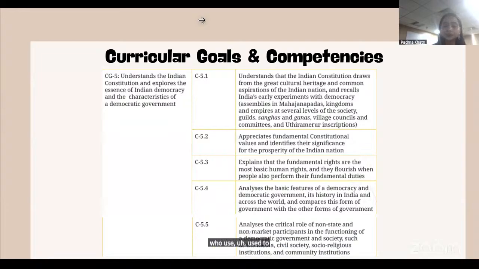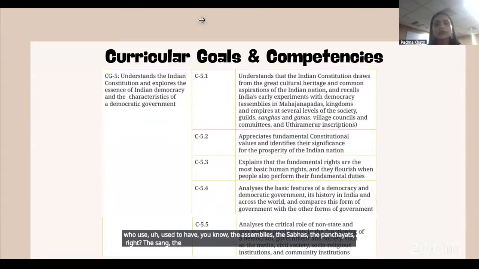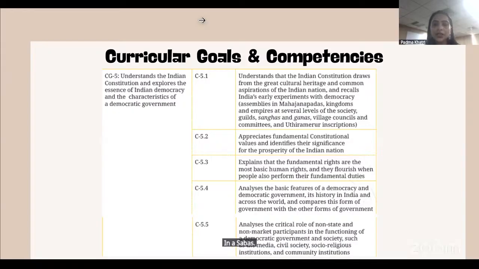The assemblies, the sabhas, the panchayats, right? The sanghas, the ganas, they used to have democratic characteristics also, where there were different sabhas. So that is connecting with the historical part.